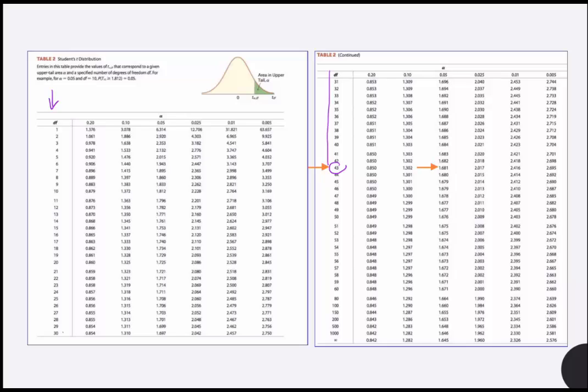In our case, our alpha was 0.05, but because it's two-tailed, because it's an equal sign, we had to divide that by 2, so we got 0.025. So we come across until we get to right here, I believe is the right number, yep. Because we've got 0.025 as our alpha that we're interested in, and we had 43 degrees of freedom, we bring this number, 2.0017, back over here.